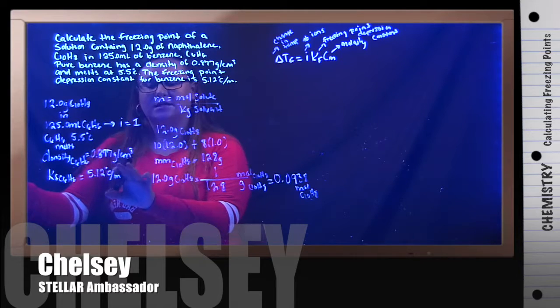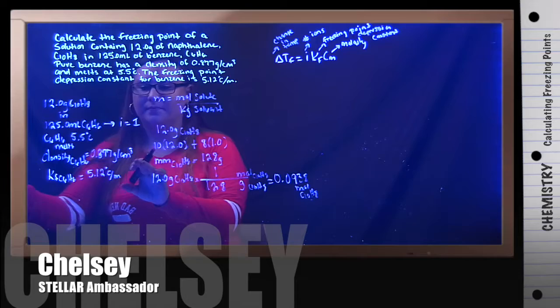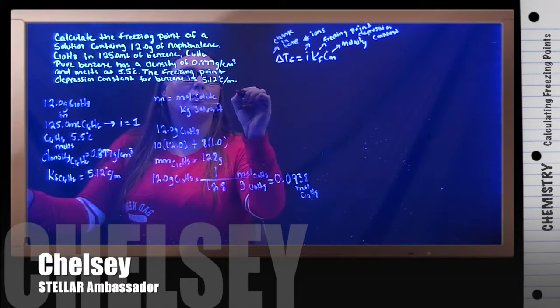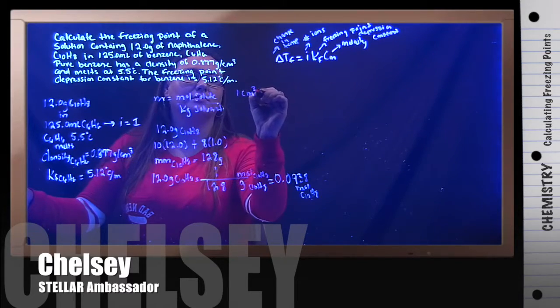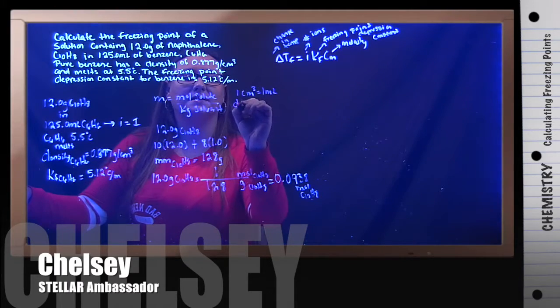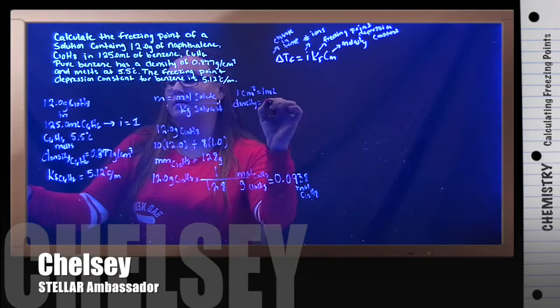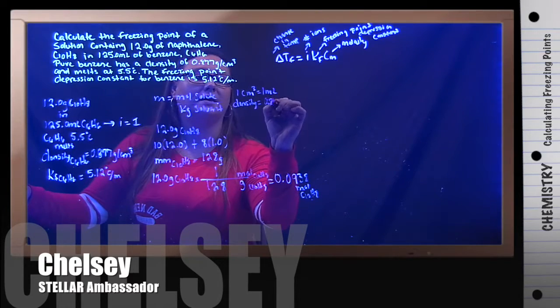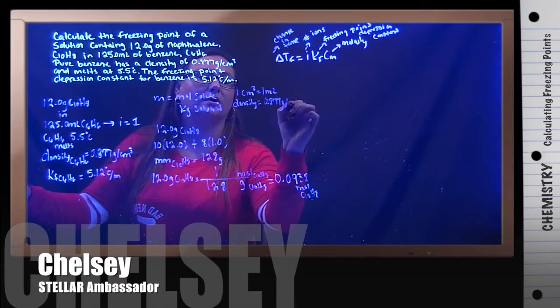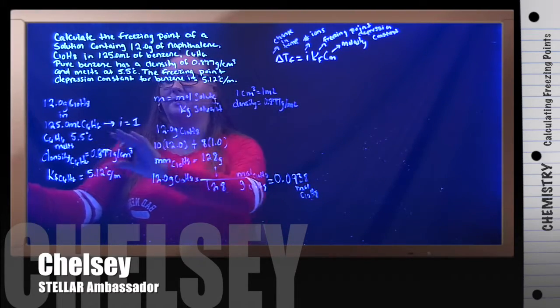Now over here, our density says 0.877 grams per centimeter cubed. Now remember, 1 centimeter cubed is equal to 1 milliliter. Therefore, you could write the density over and say 0.877 grams per milliliter. And now that is going to be our conversion factor to convert the volume.